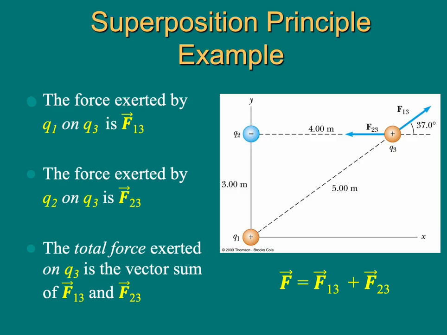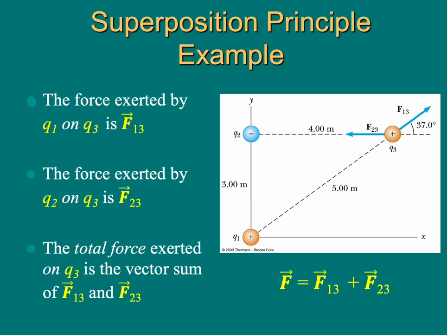So the force from Q1 on Q3 is directed away from Q1 along this line. And then we have the force from Q2 on Q3. Q2 is negative and Q3 is positive, so the force between them is attractive. So the force from Q2 on Q3 is pointing toward Q2.